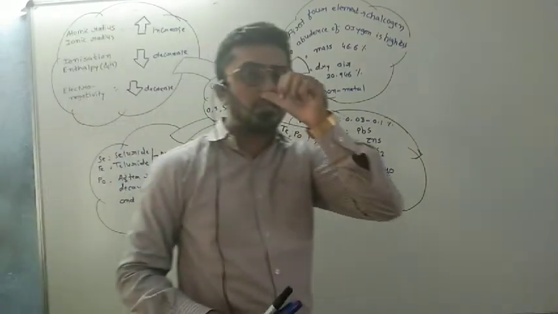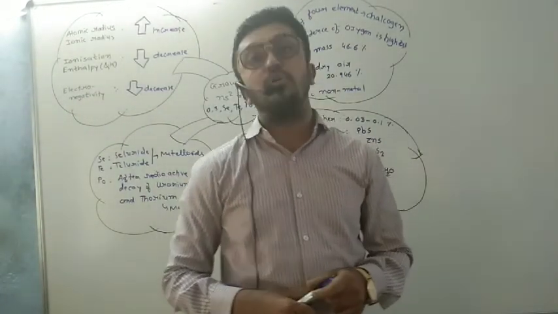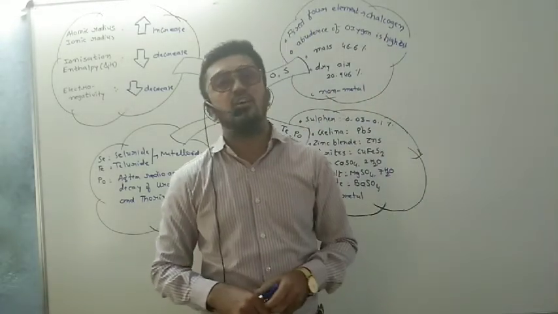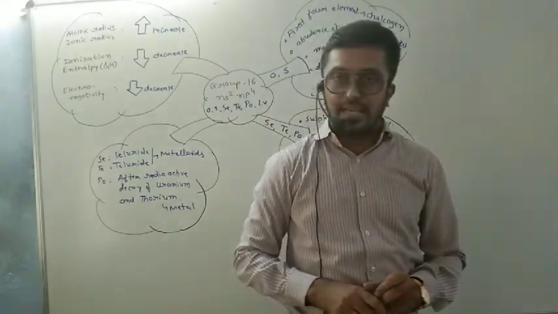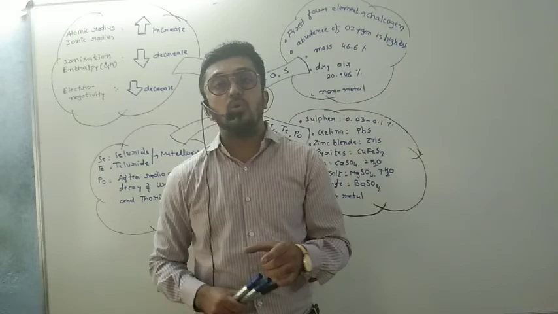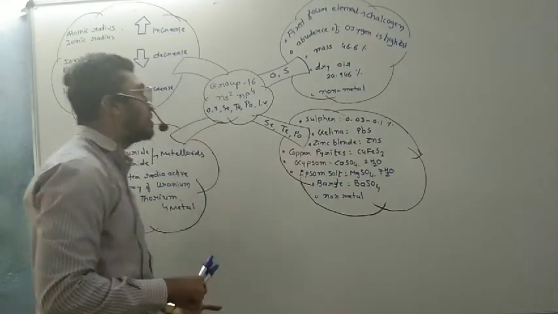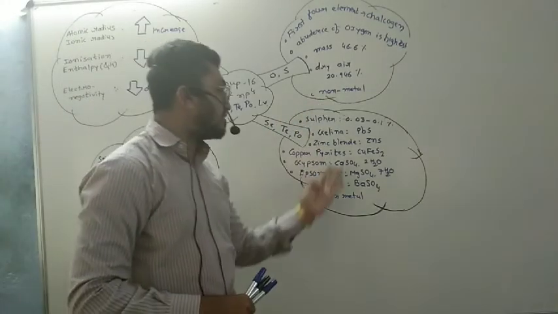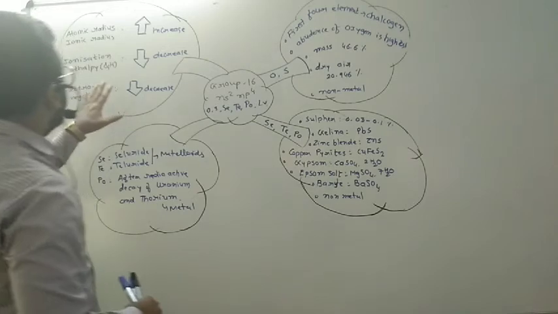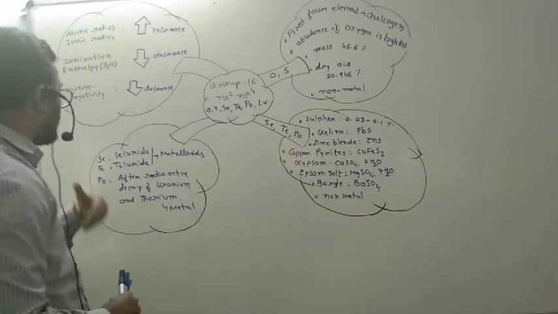We know that about oxygen: oxygen is the second most electronegative element of the periodic table. The first one was fluorine and the second one is oxygen. So oxygen is the second most electronegative element of the whole periodic table, and in this group, oxygen has higher electronegativity than sulfur, selenium, tellurium, polonium. Just see, non-metals have high electronegativity because non-metals always gain electrons. So oxygen and sulfur are more electronegative than selenium, tellurium and polonium.